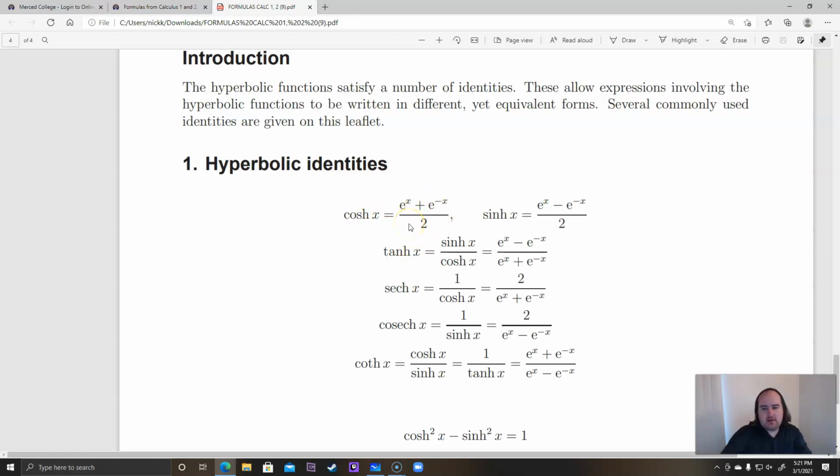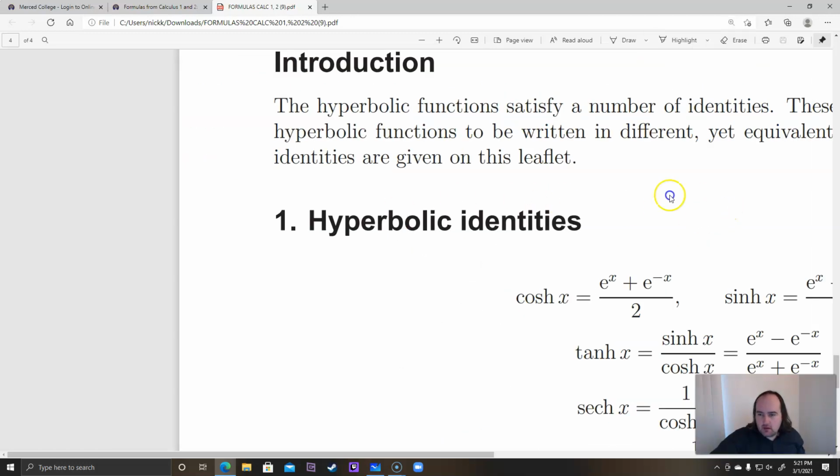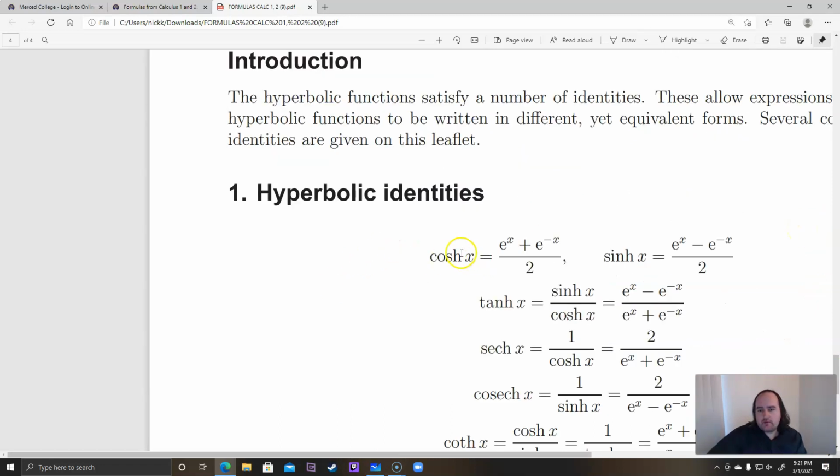Notice here, let me zoom in a little bit, that cosh and sinh are almost the same function. The only difference is for cosh of x, there's a plus, so it's plus e to the negative x, whereas for sinh of x, it's minus e to the negative x. But they're almost the same function.